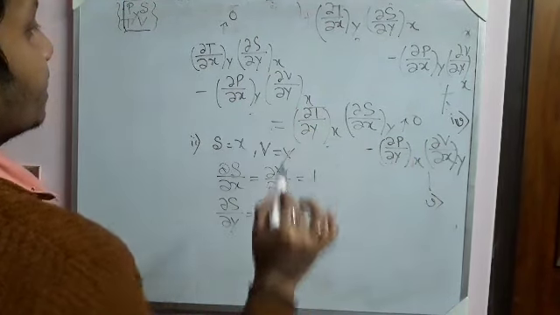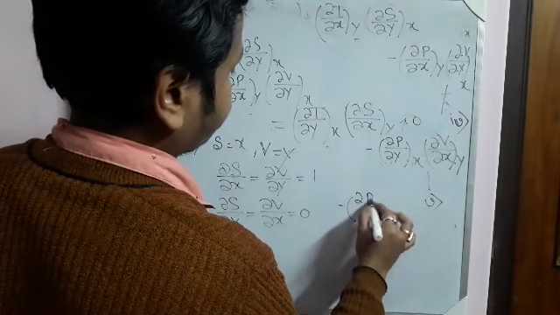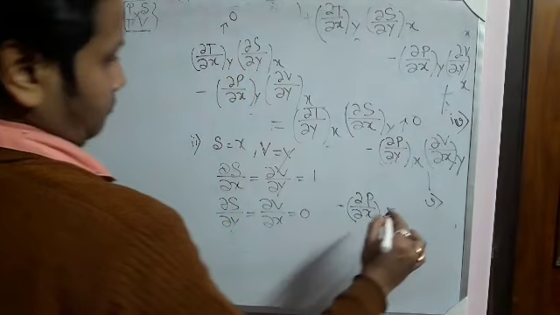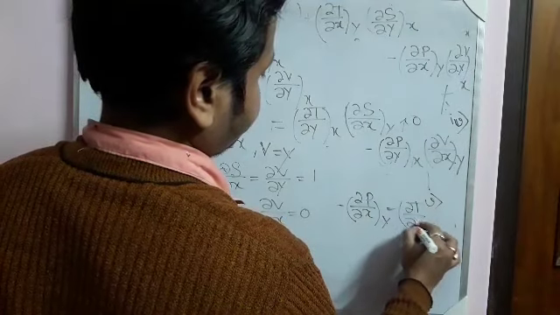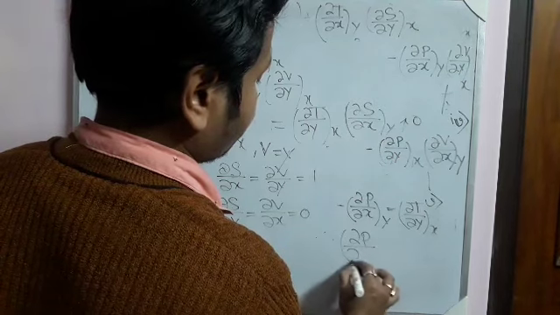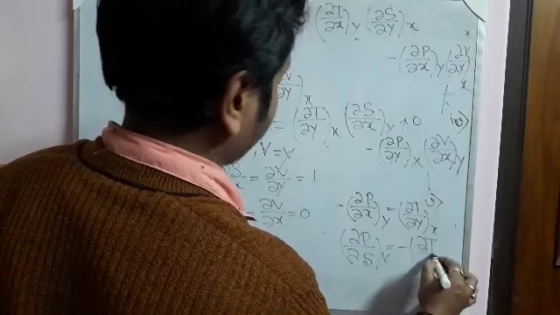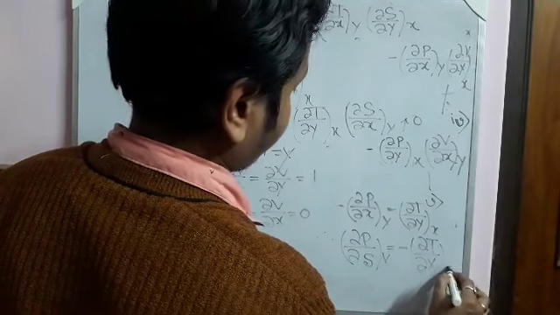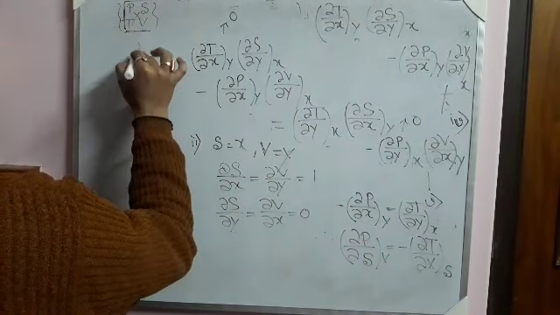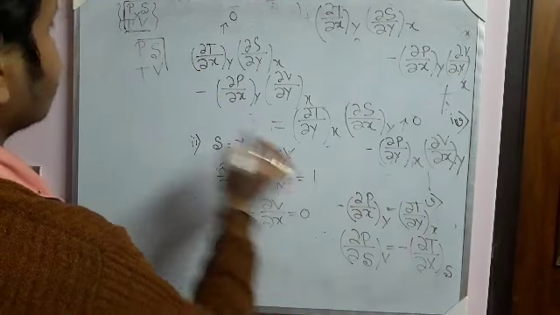So these and these are remaining. So del V del Y is 1, that means minus del P del X at constant Y equals del T del Y at constant X. So what do we get? X means S, del P del S, Y means V. This is V. This equals minus del T del V at constant S. This is another relation, P S T V.